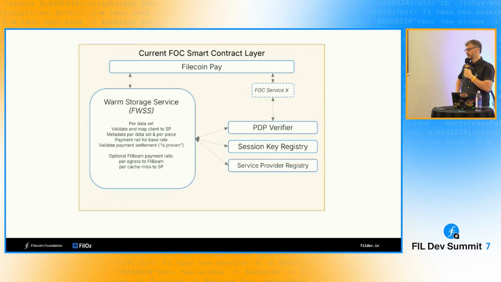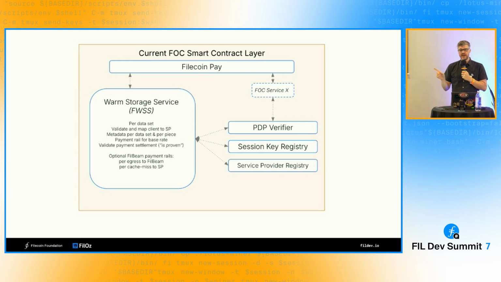Escrow, yes, and the payment rails are either for one-time payments or they are per epoch flow of funds, and Filecoin Pay delegates the validation to a service contract, in this case the Filecoin Storage Service.